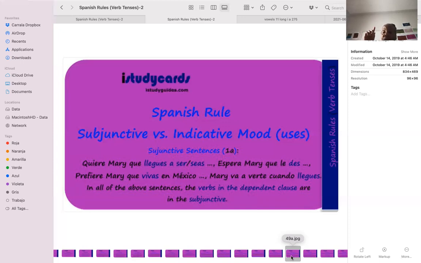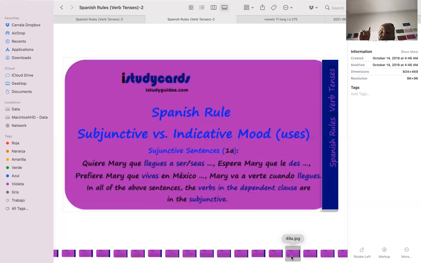Now, when I'm using the subjunctive, there's two clauses. There's the independent clause. That's the verb in which you're saying that you hope, that you want, that you wish, whatever. Then there's the que. This is not always true, this is in general. Then there's the que, and then the dependent clause in which you use the subjunctive form.